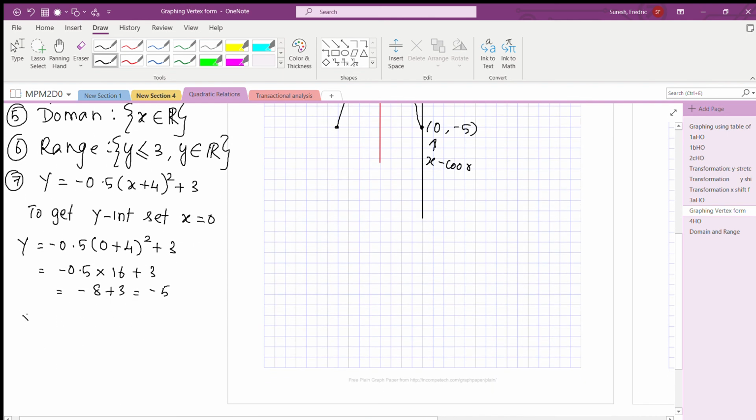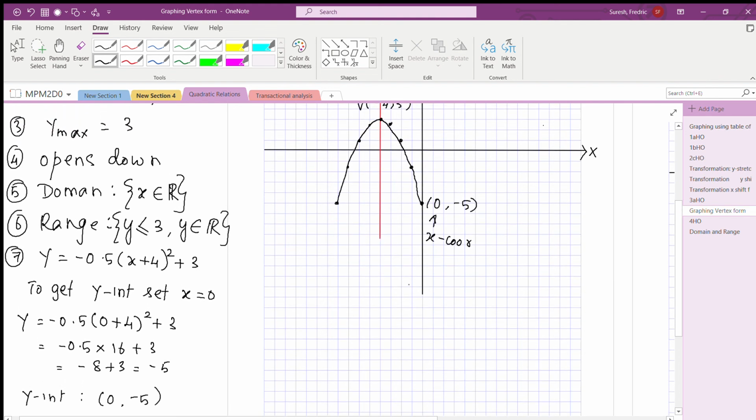So the y-intercept point would be (0, -5). Remember, the graph will not always directly give you the y-intercept. You may have to substitute 0 into the equation and calculate the y value to get the y-intercept. See you in the next video.